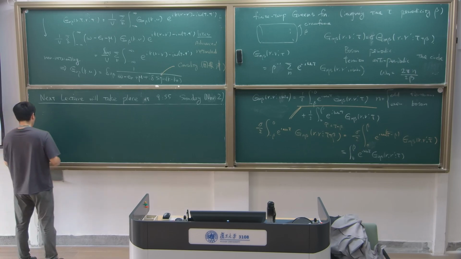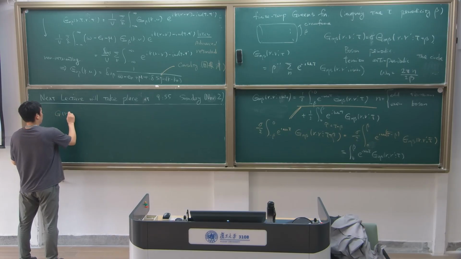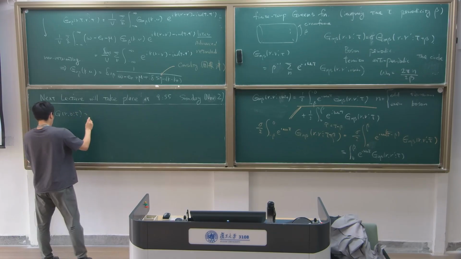And previously we wrote down the G, R, and then D, to be as follows.